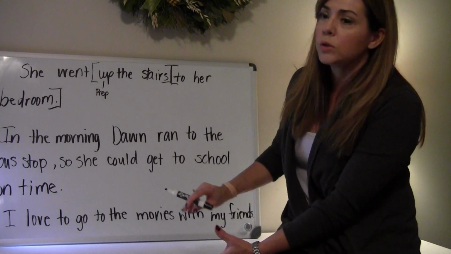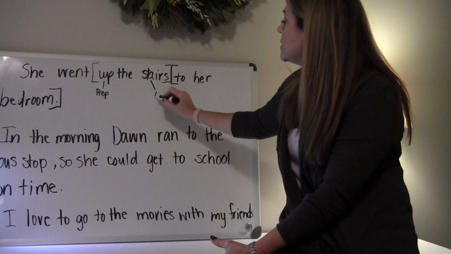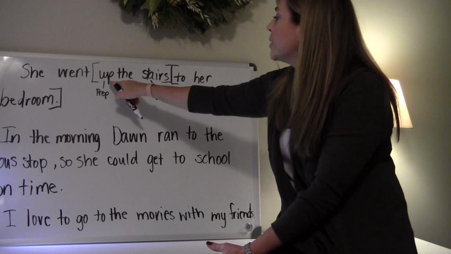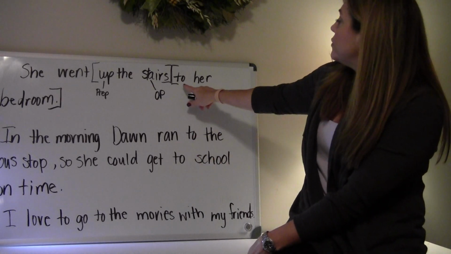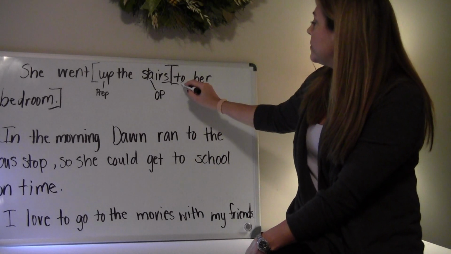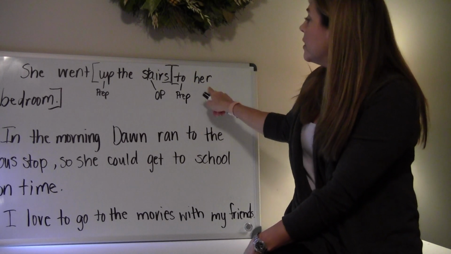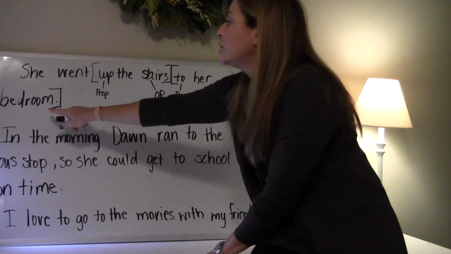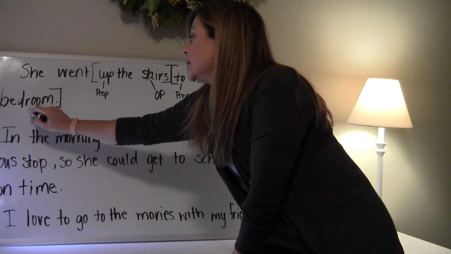And we just learned that it's going to be your last word. So stairs is the OP in the prepositional phrase, up the stairs. We have to her bedroom. Preposition is to. The noun, which is the object of the preposition and the last word of the prepositional phrase, is bedroom.